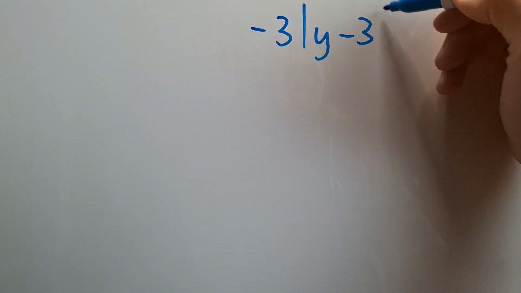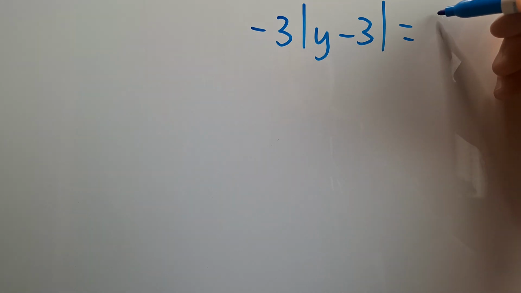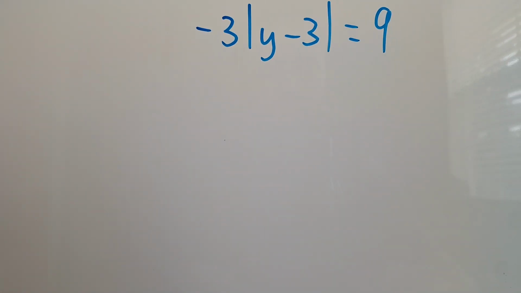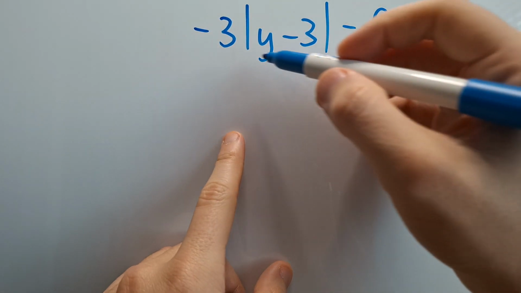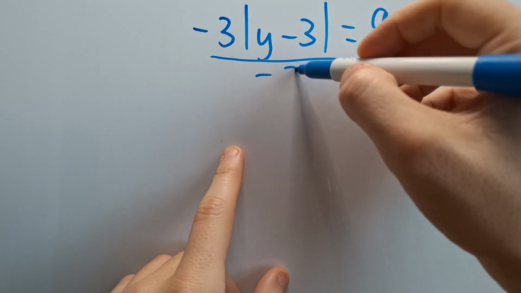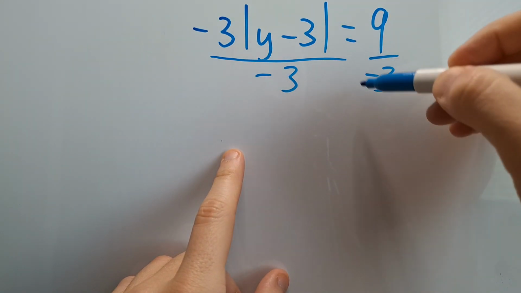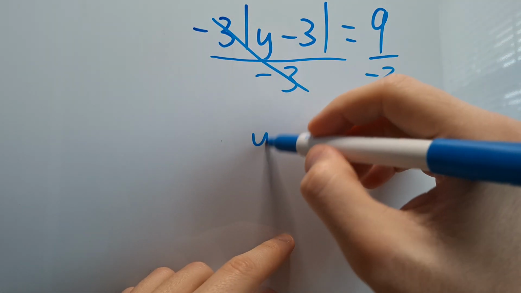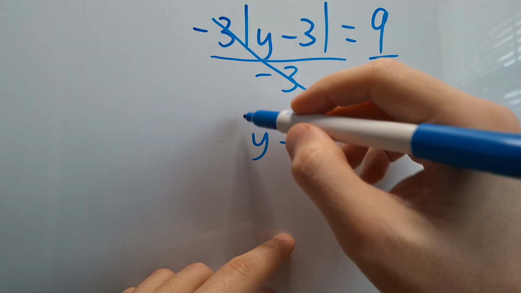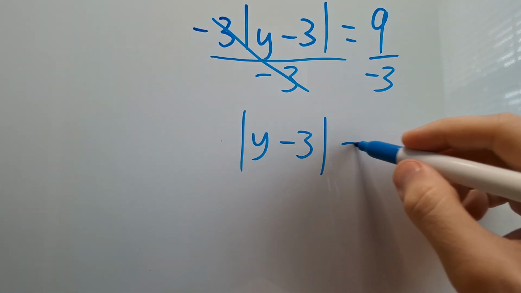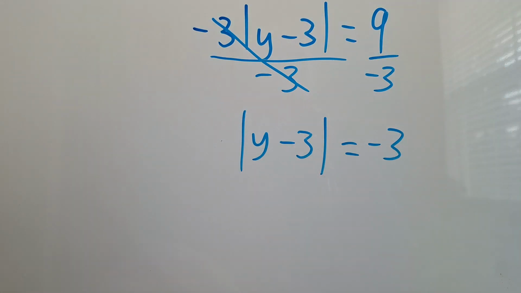This is just a brief example here. If I divide by negative 3 first, I've got the absolute value of y minus 3 equal to negative 3.